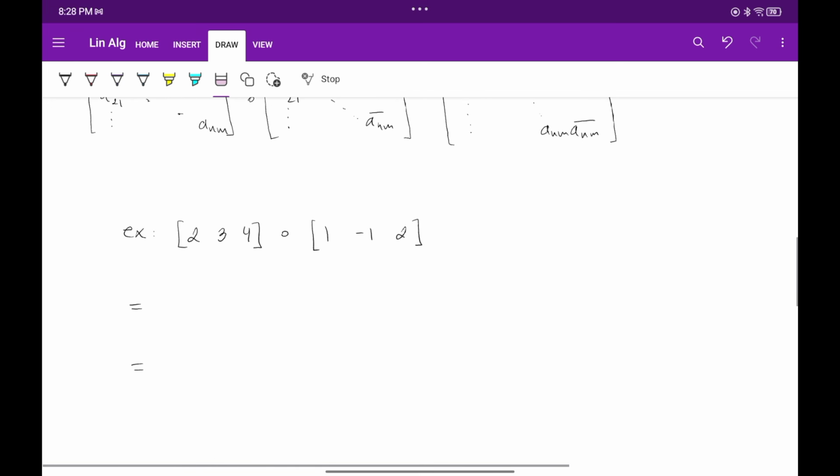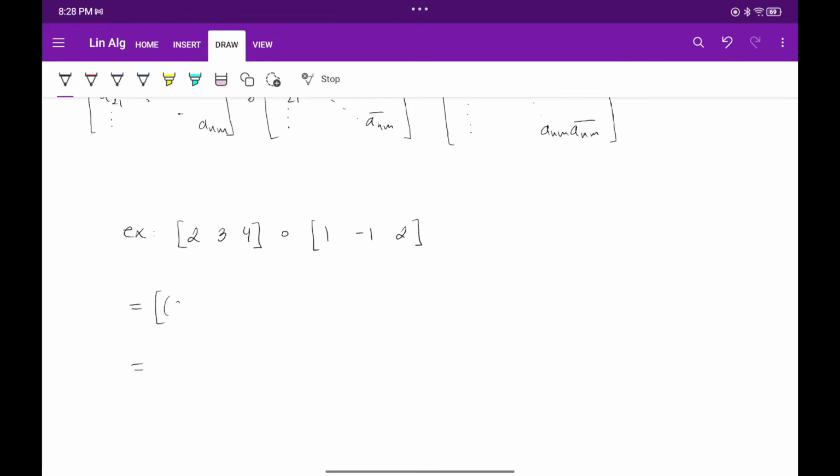We'll find the Hadamard product of the matrix 2, 3, 4 with the matrix 1, negative 1, 2. So we know that the product matrix will have the same size as each of the starting matrices, which is 1 by 3. So we can start by doing out each of the individual element-wise multiplications.